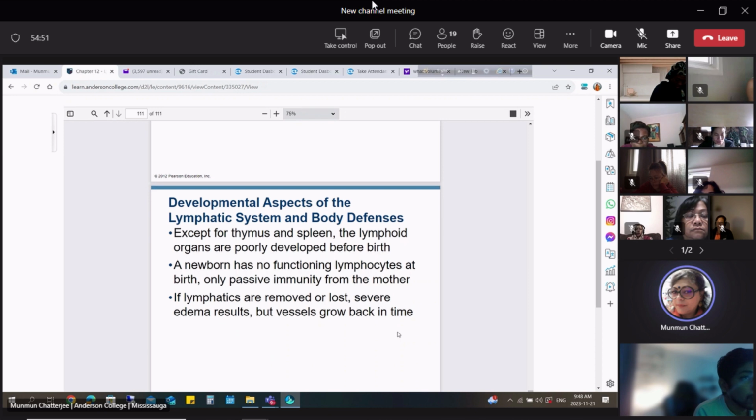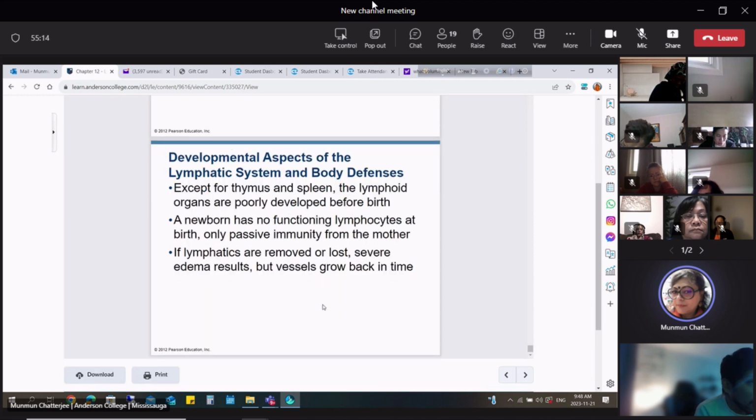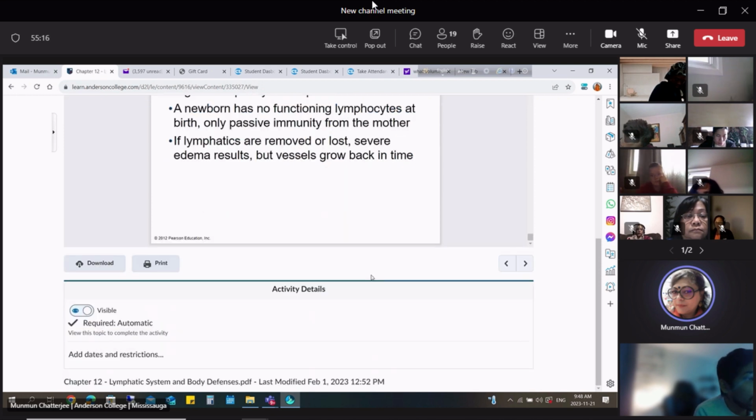If lymphatics are removed or lost, severe edema results, right? The lymphatic system also drains fluid out of the tissues, in addition to body defense. So with removal or loss, severe edema results, but vessels grow back in time, slowly.